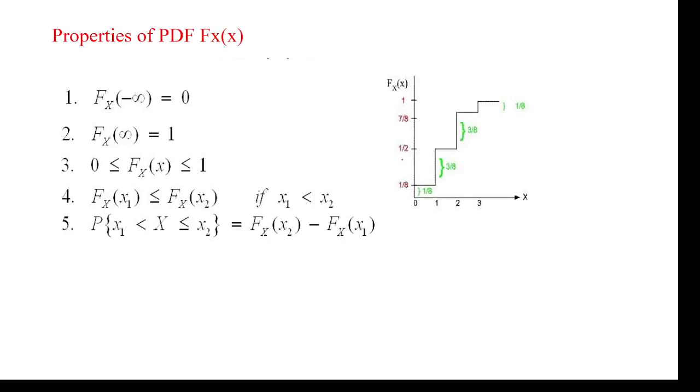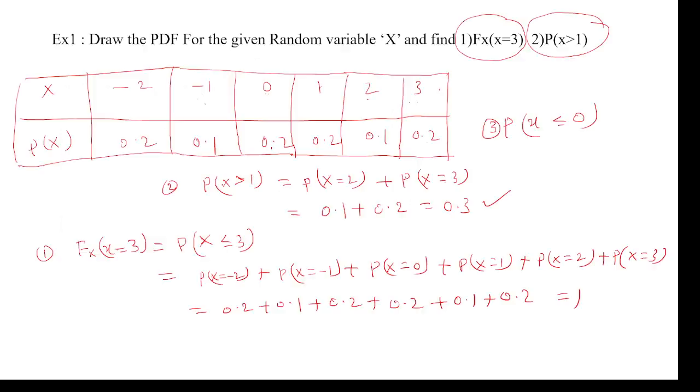And coming to the properties, always the maximum distribution is equal to 1, the minimum distribution is 0, and it always lies between 0 and 1. I'll tell you how. Always the next distribution is greater than the present distribution.